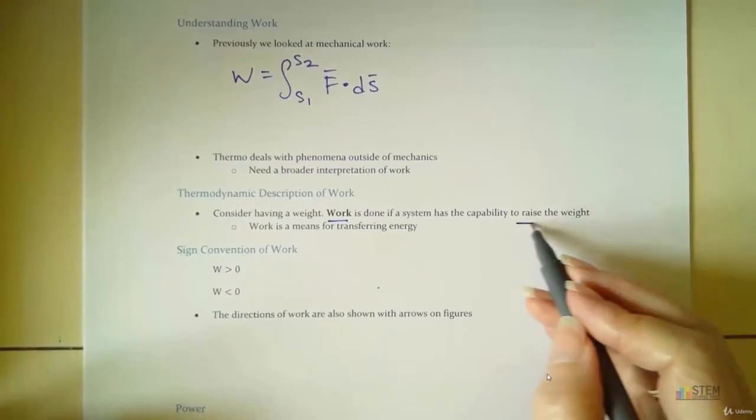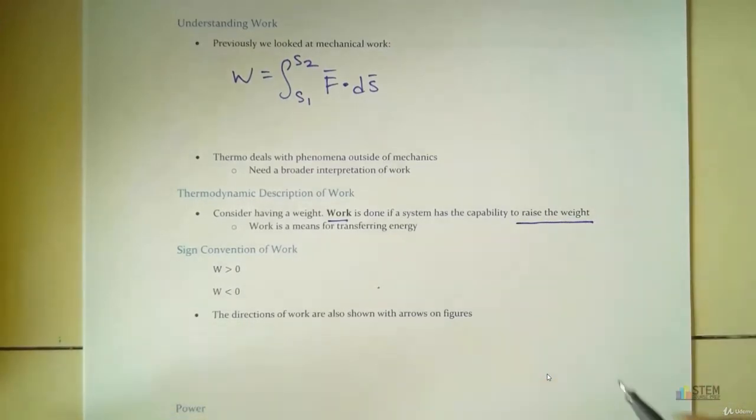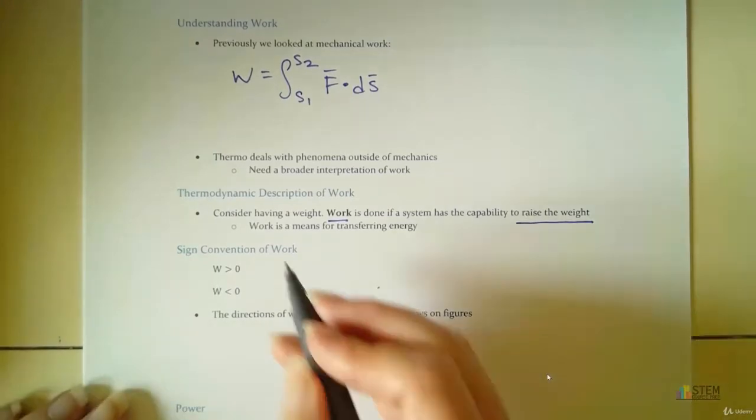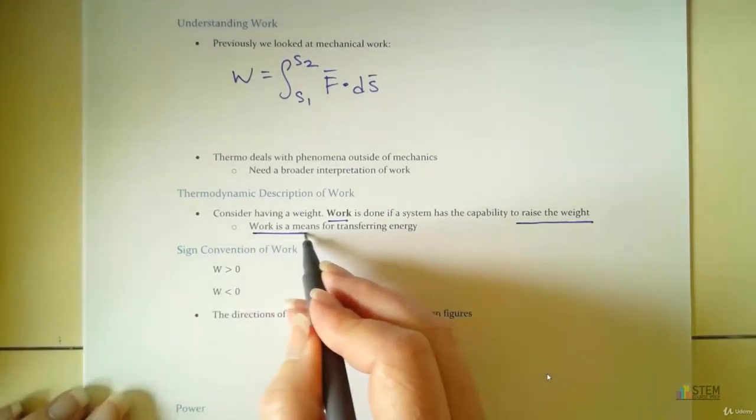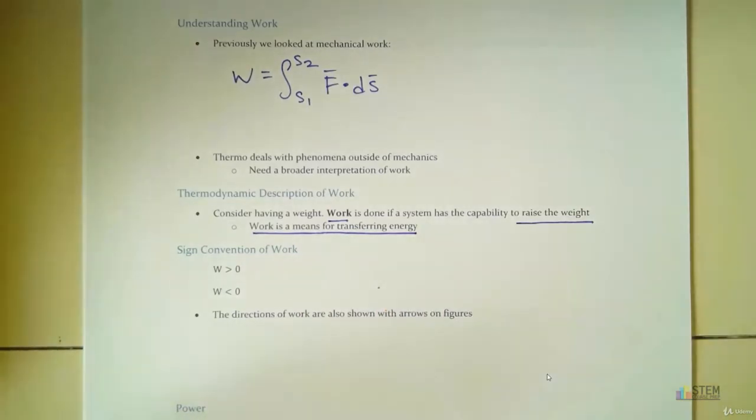Okay? So if you can move that weight somehow, you've got work being done. All right, so work is going to be a means for transferring energy. That's what we are talking about when we're talking about the thermodynamic kind of work. All right, it's going to be a means to transfer energy.